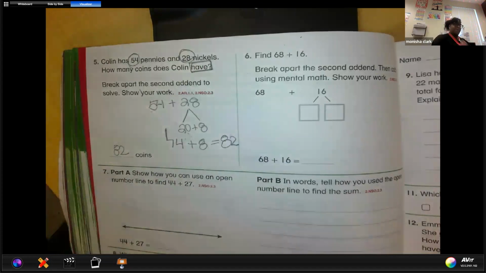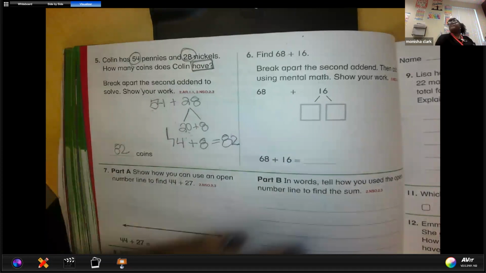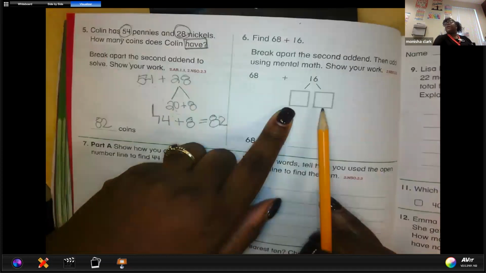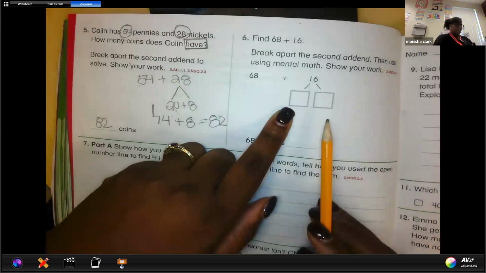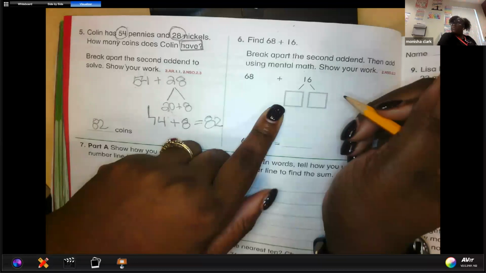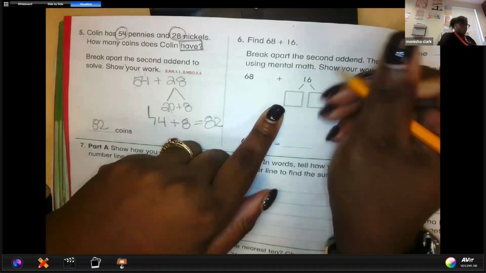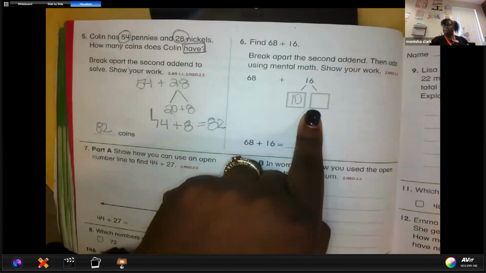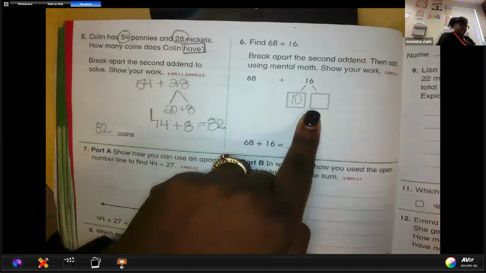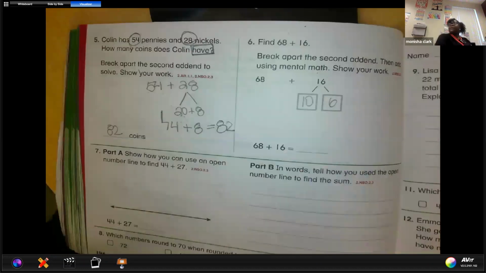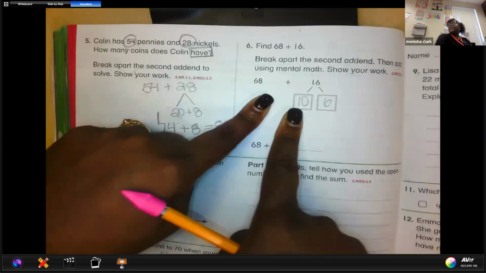So we're breaking apart the second add-in. How many tens are in 16? 1. What is left over? 6. Very good. All right, so now we can add these two together quickly because this is a 10.